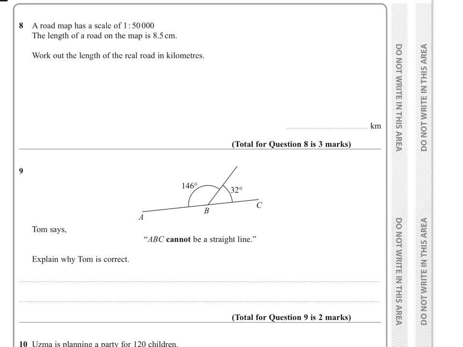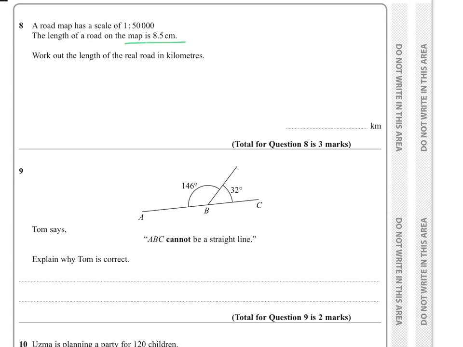Question 8. A road map has a scale of 1 to 50,000. The length of the road on the map is 8.5 centimetres. We have to work out the length of the real road in kilometres.